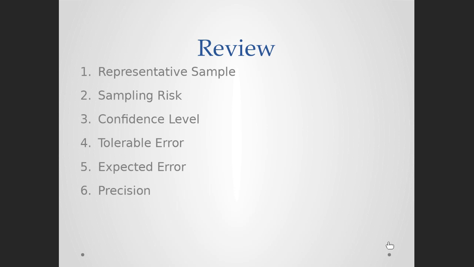So precision is tolerable minus expected. Expected is usually, almost all the time, less than the tolerable. Okay? Expected is usually less than the tolerable.